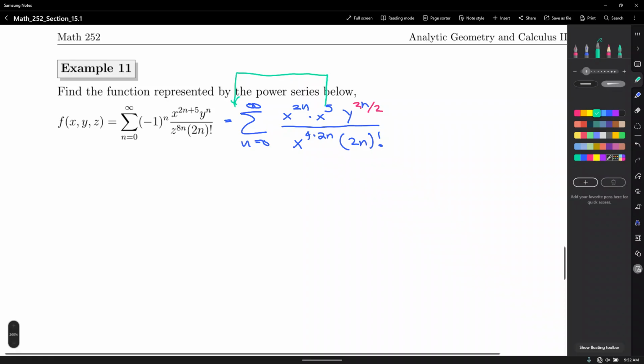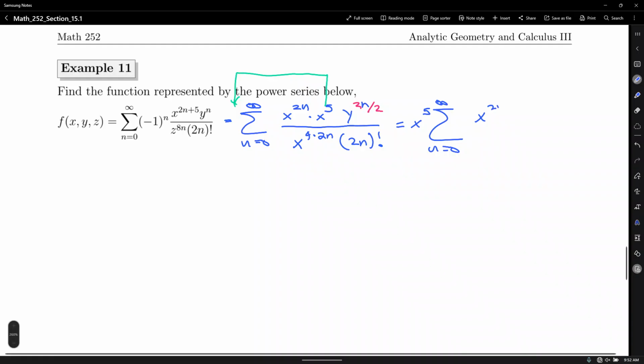And I'm going to regroup all this. So that is x to the 5th, sigma n equals 0 to infinity, x to the 2n. Okay, let me do parentheses. I know it's silly to have too many parentheses, but it's going to be very useful for visual purposes. Here, I'm going to take out the 2n as a power.